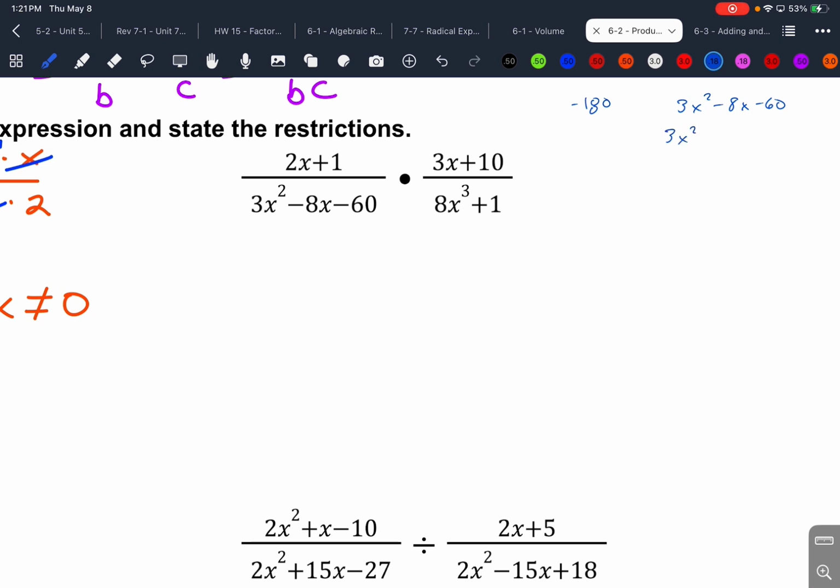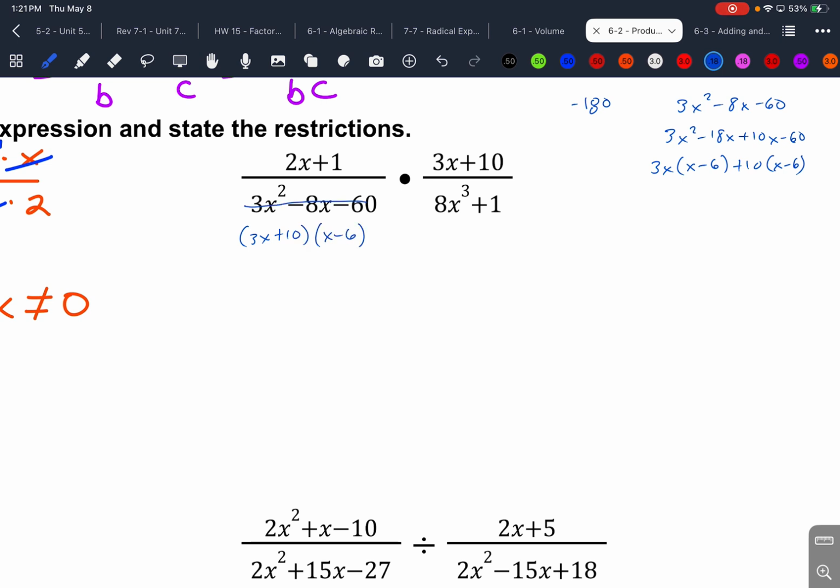So 3x squared minus 18x plus 10x minus 60. 3x times (x minus 6) plus 10 times (x minus 6). So this reduces to 3x plus 10 and x minus 6.